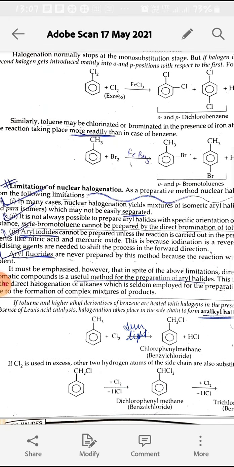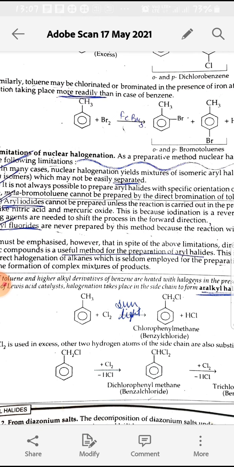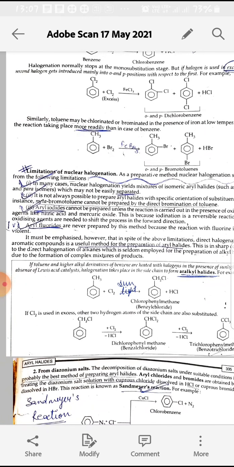Next is limitations of nuclear halogenation. First limitation is direct halogenation, as we see there will be a mixture of ortho and para products, so there will be a mixture of isomeric aryl halides which cannot be easily separated.